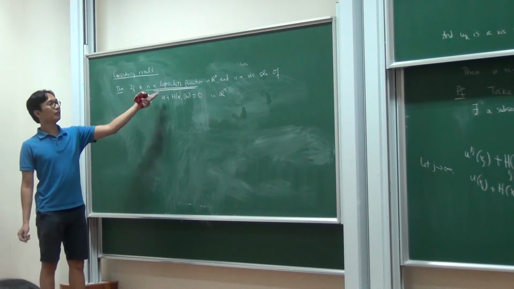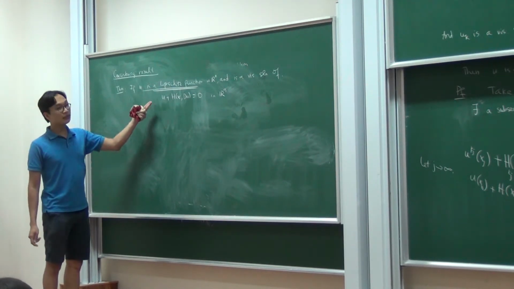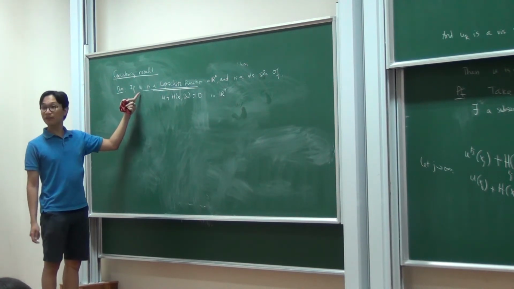But this is easy. If u is a Lipschitz function, then by Rademacher's theorem, we know that u is differentiable almost everywhere.